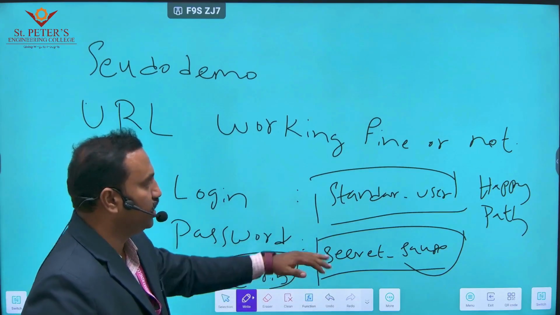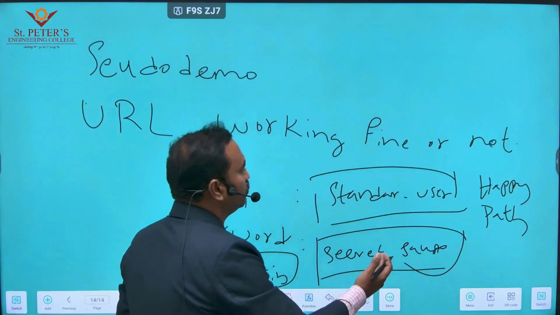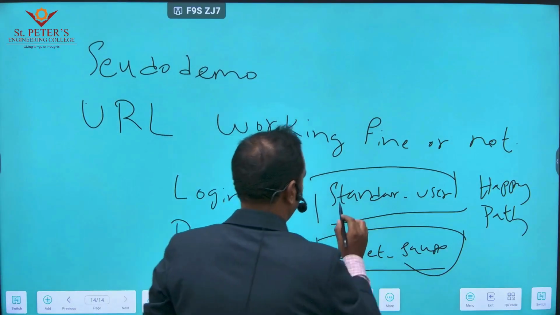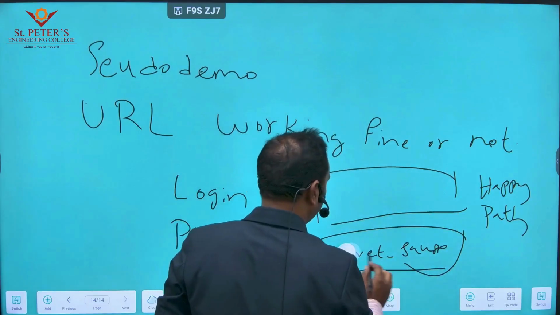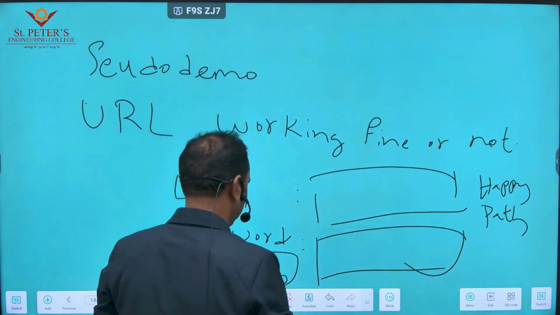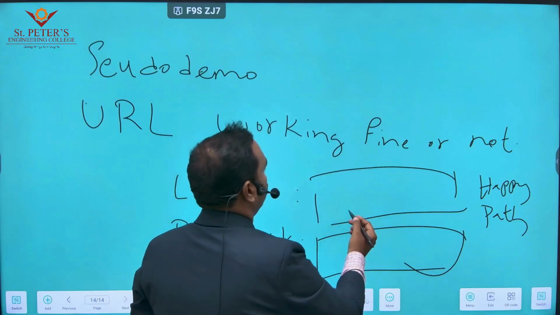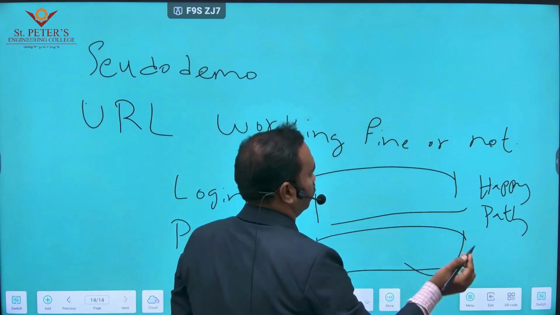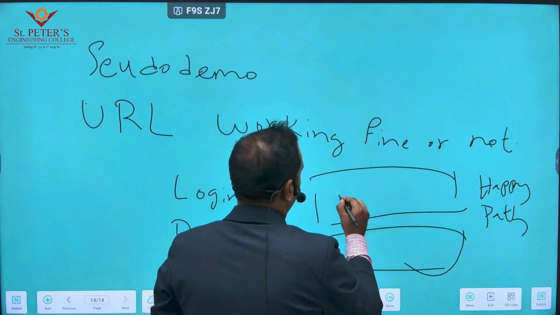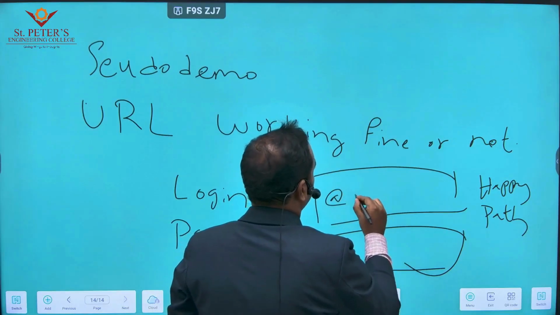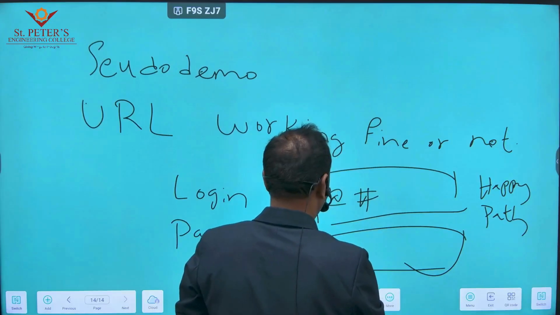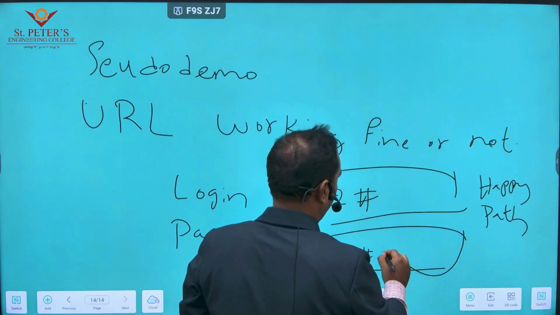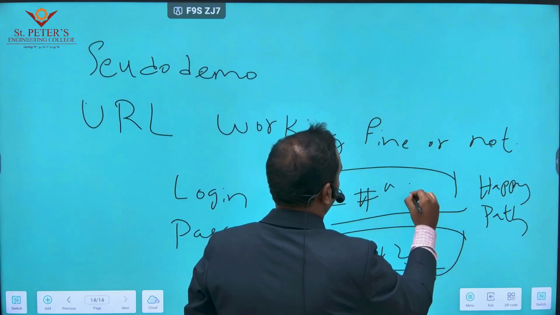If it is working, the next level is to test a negative scenario. So what is a negative scenario? Instead of standard user, you type an @ symbol or anything, for example 1 2 3 a b.